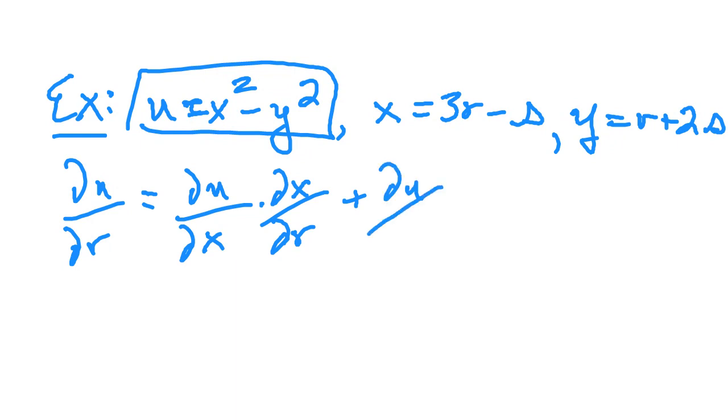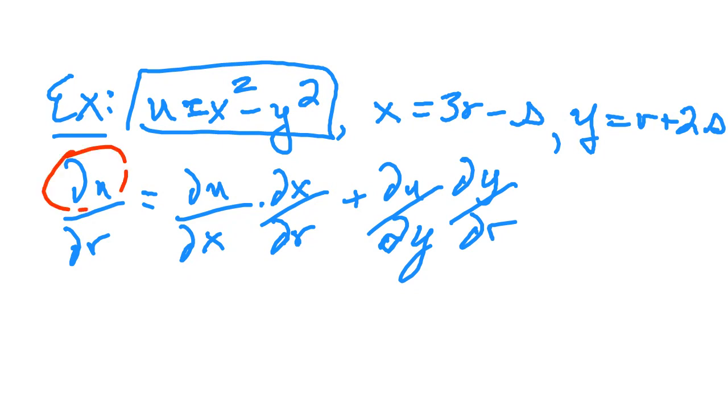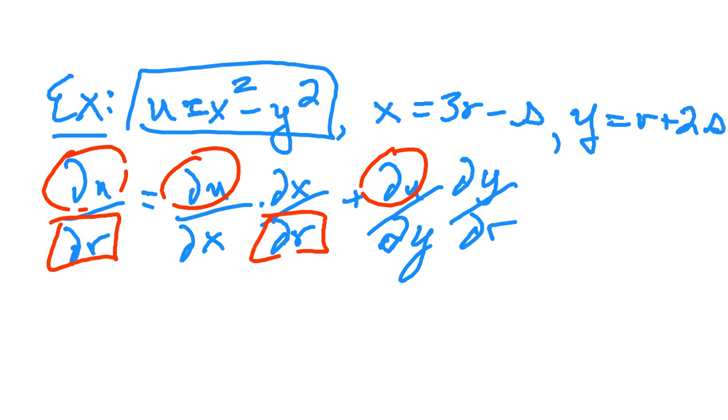In this case, we just have two variables, x and y, so that's the partial of u with respect to y, times the partial of y with respect to r. And the key here is this is what we start with, the du, and this is what we finish with, the dr partial derivatives. And of course, these cancel out, and those cancel out. But anyway, this is the chain rule. So let's go ahead and calculate these.